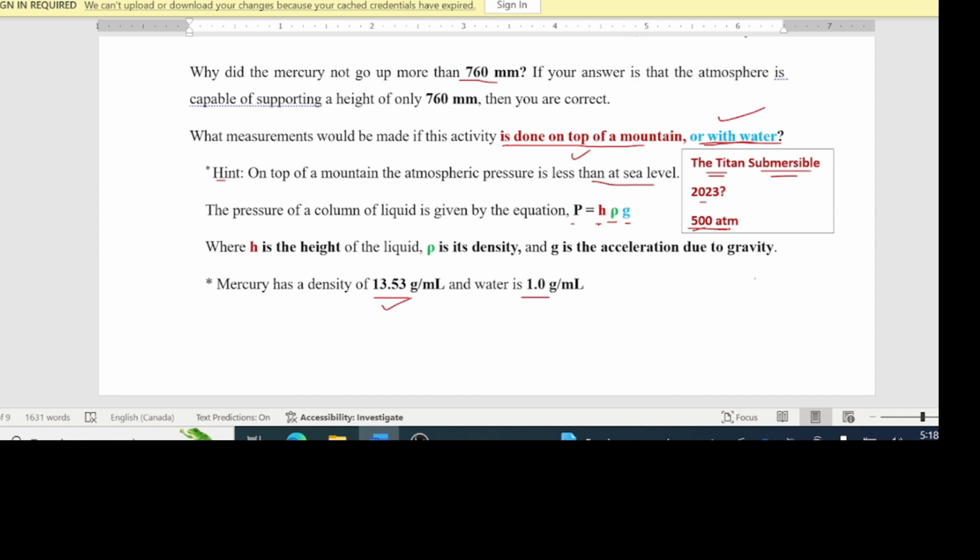500 atmospheres. Remember, 1 atmosphere, I said, was 11.08 tons of weight. If you multiply this by that, you can imagine what pressure was exerted on that submersible. These people didn't have time to think, because they were decimated. They just became fragments of cells.